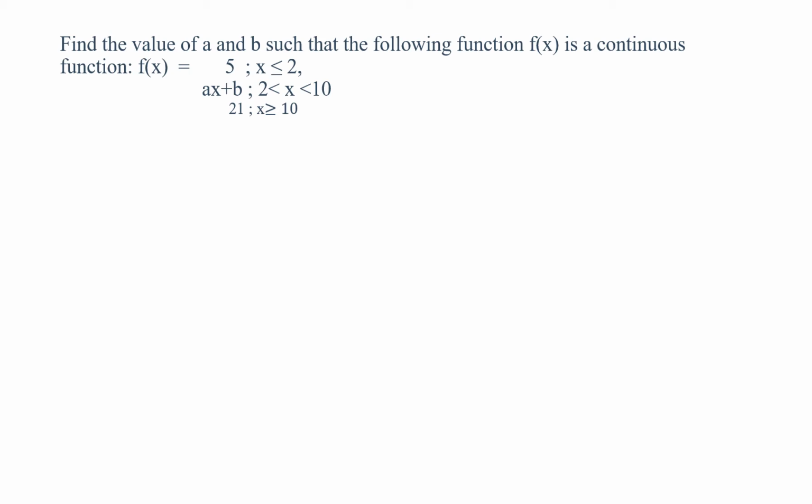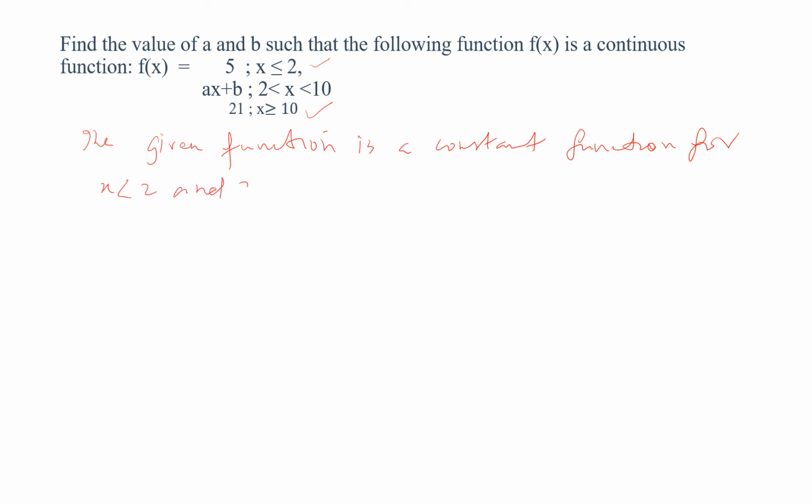So we can see that the given function is a constant function for x less than 2 and also for x greater than 10. So it is continuous. So we can write the given function is a constant function for x less than 2 and x greater than 10.